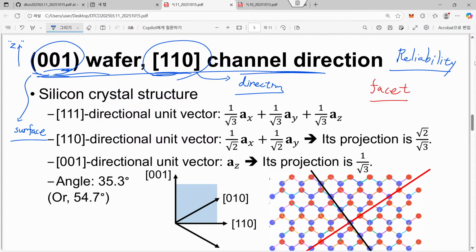It means that everything looks just okay. You have made devices with different channel directions. Wow, now let's use it. Yes, it shows quite an acceptable amount of current, but it is found that if you use the new device for a long time, suddenly it's dead. That is the problem of reliability. Even for silicon, reliability is critically important.